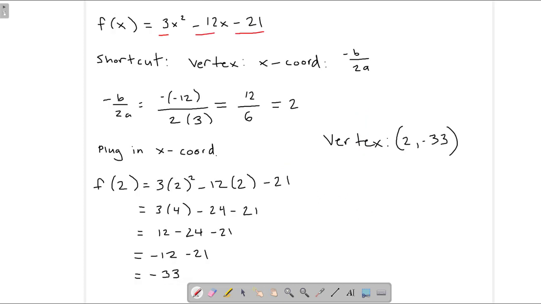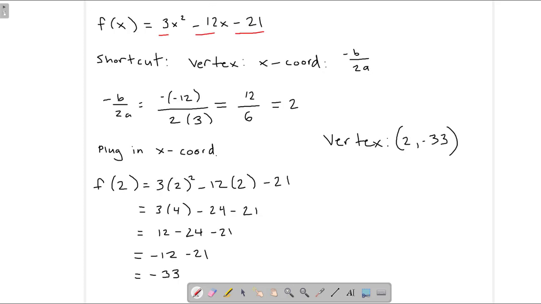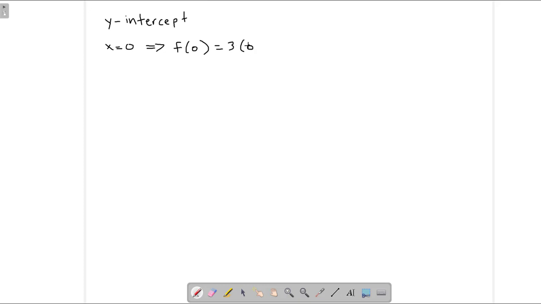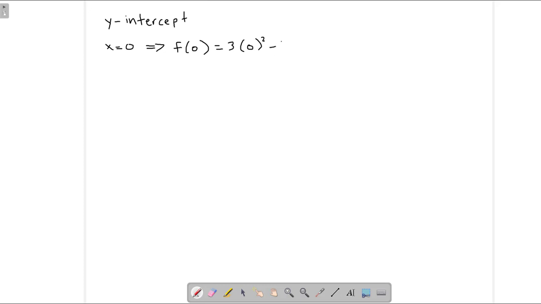And then to find the y-intercept, again, remember that the y-intercept is the value of y when x equals 0. So I'm plugging in x equals 0 again. Plug it into f of x. So f of 0 equals 3 times 0 squared minus 12 times 0 minus 21, I believe was the last term here.